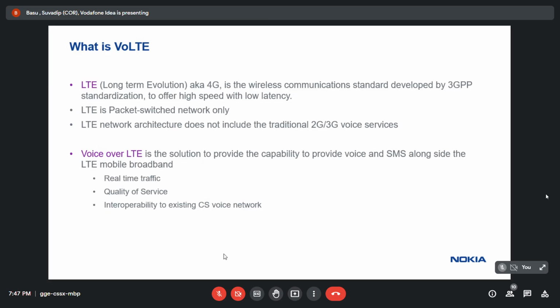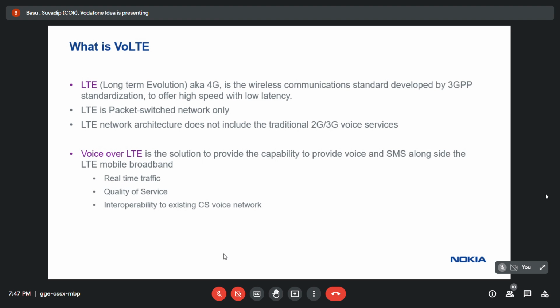For example, the VoLTE system should be able to communicate or exchange information with the traditional 2G, 3G systems also. So that is what you call interoperability. That means you are able to operate within VoLTE and also outside the VoLTE domain. So a combination of these two is called interoperability. Okay, got it?